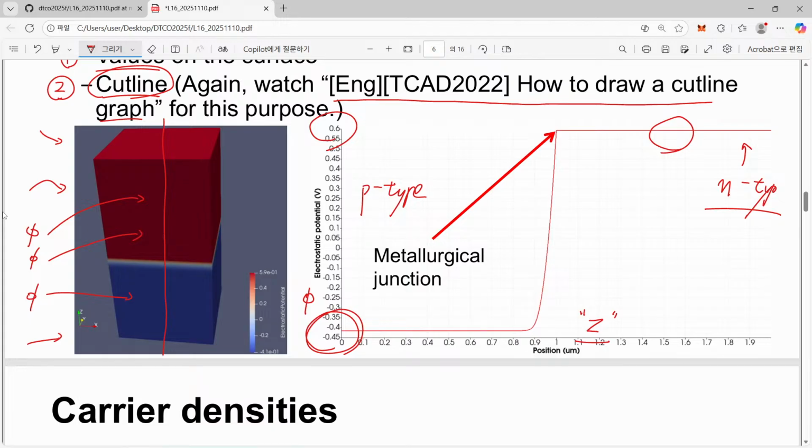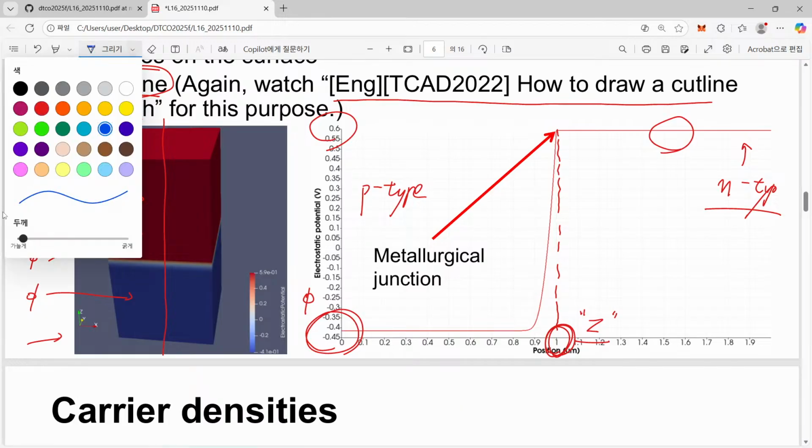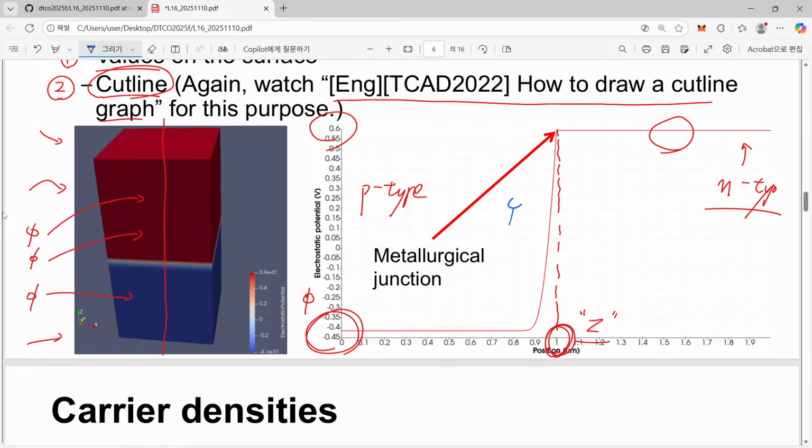So you have an n plus p junction in this case. And where is the metallurgical junction? This 1 micrometer is set as the metallurgical junction, the junction determined by doping density, and you can see that the actual variation of our electrostatic potential only occurs in this p-type region.